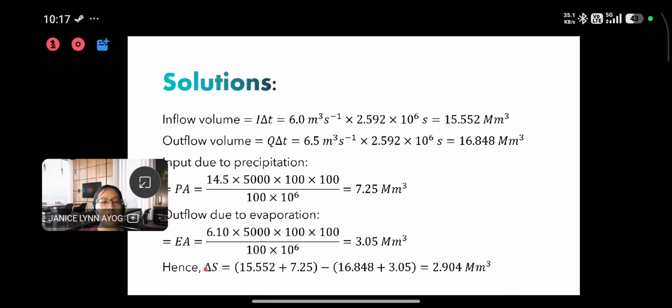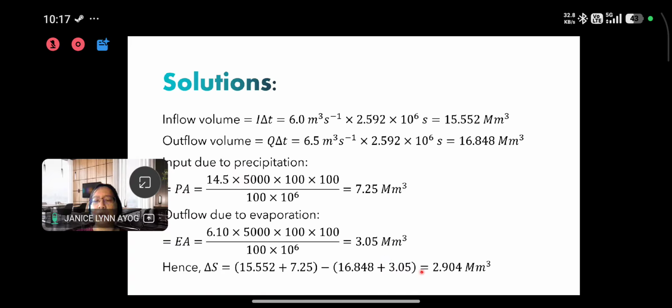Hence, to calculate the change in storage, delta S, you have the value 15.552 plus 7.25, which is this one here, minus 16.848 plus the evaporation 3.05. This is the inflow, and this is the outflow.